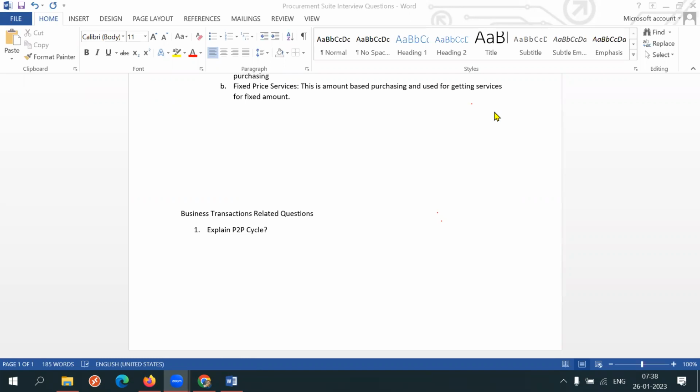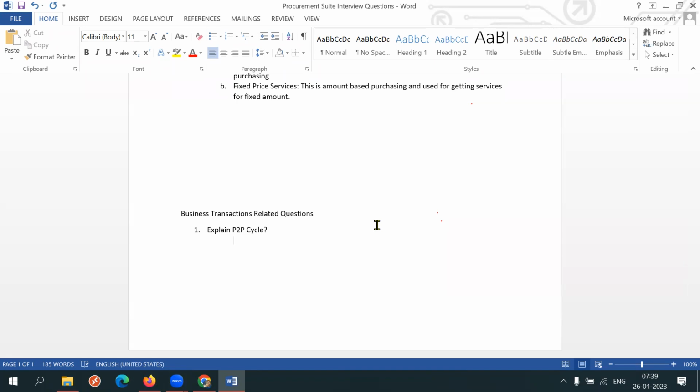Shall I try, Krishna? Yeah, please. The P2P cycle starts with requisition, and then we ask the supplier to provide RFQ. Once RFQ is provided, we ask for the quotation. Then quotation is converted to PO.